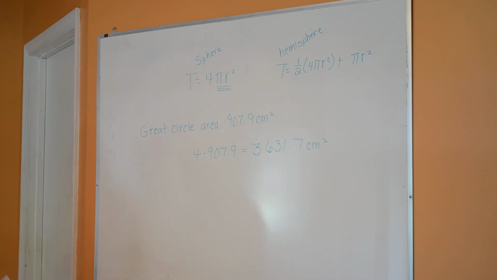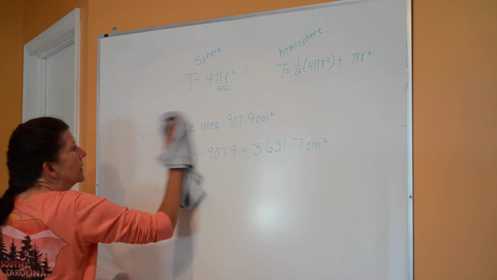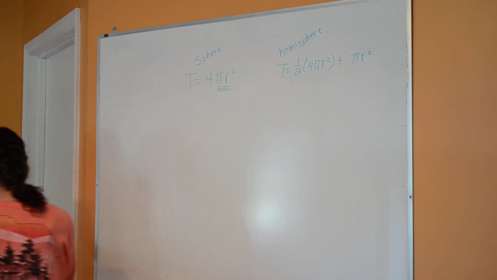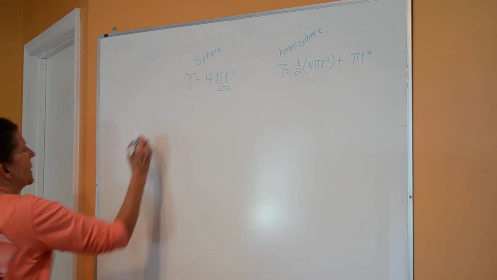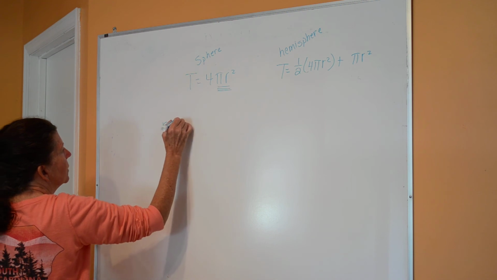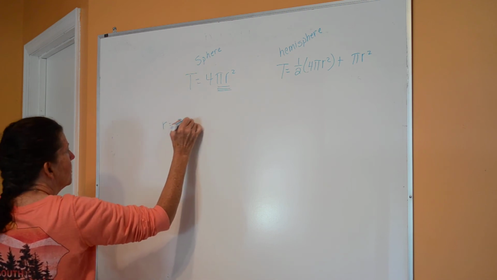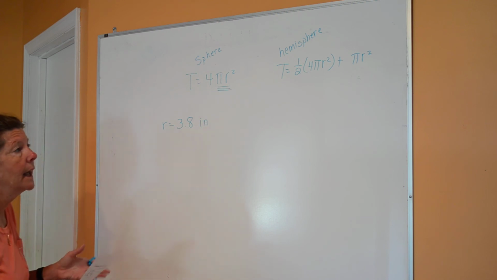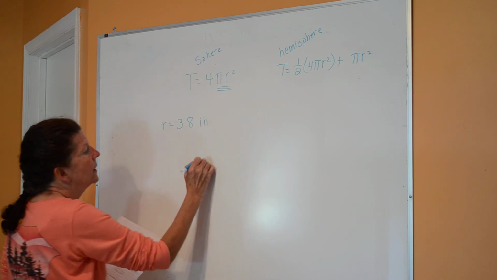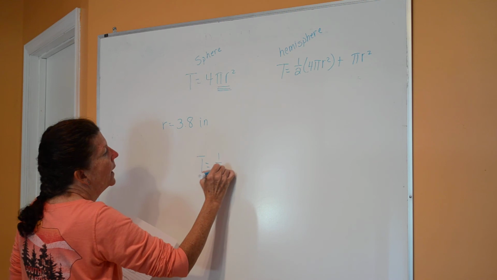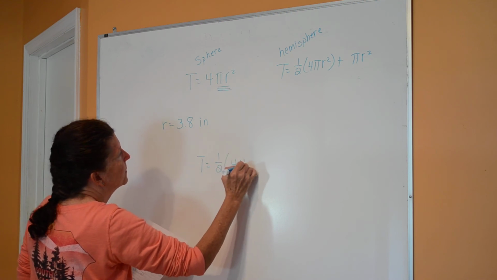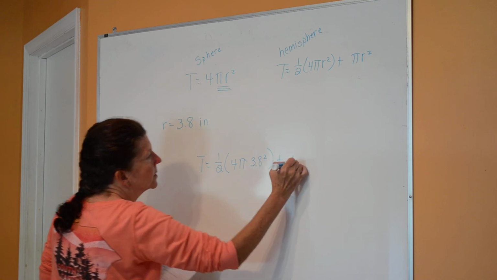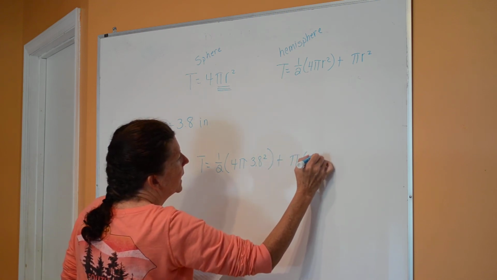Let's say I want to find the total surface area of a hemisphere, if the radius is equal to 3.8 inches. Okay, again, all I'm doing is plugging in 1/2 of 4 times pi times 3.8 squared plus pi times 3.8 squared.